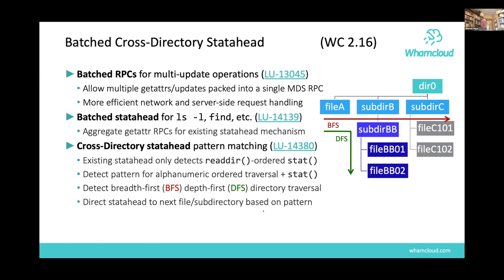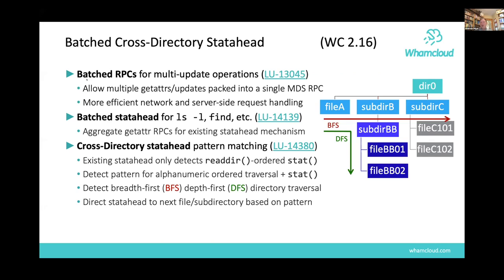Another metadata improvement is cross-directory stat ahead. This is laying some of the foundation for the metadata write-back cache. Essentially what's being worked on in this feature is batched RPCs, which allows a client to send multiple metadata operations.